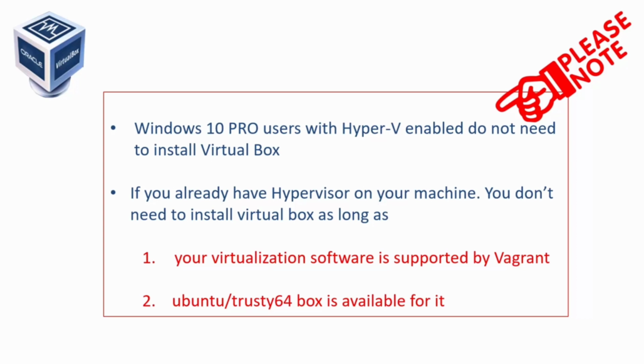And also you will need to check if the Ubuntu Trusty 64 box is available for your virtualization software. If it is not, then you can use other Ubuntu images, but I will not be able to provide you full support for it because I am using Ubuntu Trusty 64 in this course. To install the Oracle VirtualBox, we'll carry out two steps.